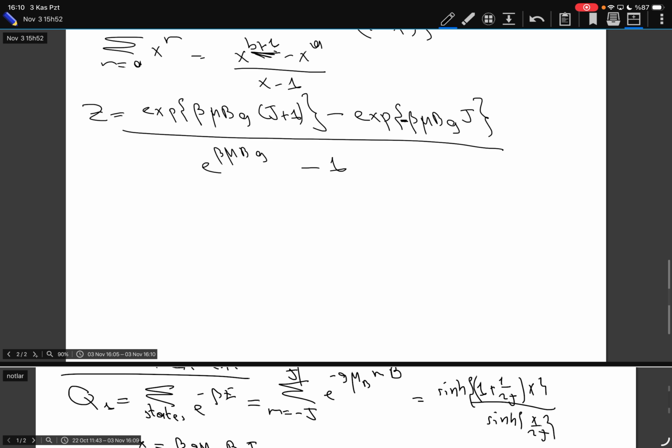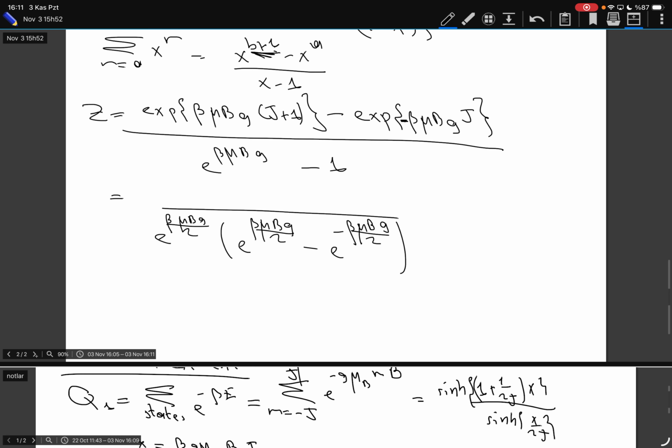Now let's try to write it in a slightly different form. In the denominator, let me take beta mu_B g over 2 out, so that it becomes a sine hyperbolic.